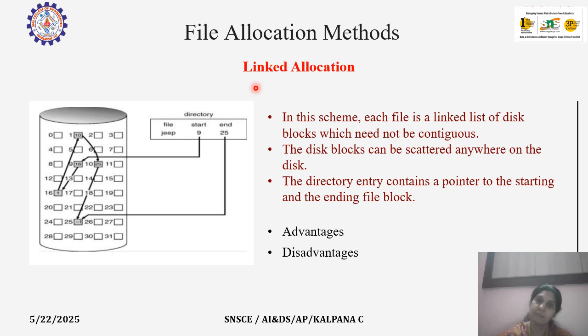Even though it is very easy and we can access the data quickly, it has fragmentation issues, and we must know the file size in advance. So these are the issues in contiguous file allocation, so we are moving to the next allocation technique called linked file allocation method.